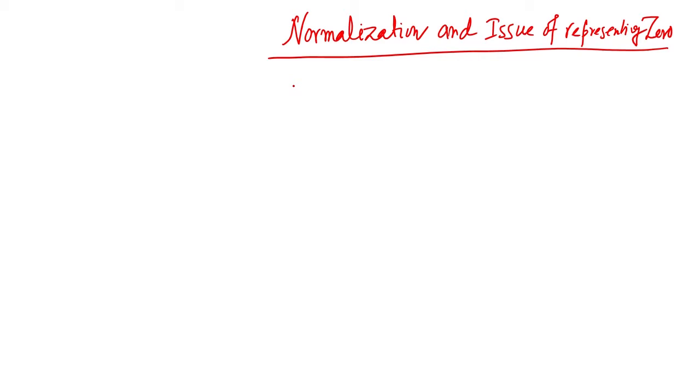Normalization is simple. I started with 1.0 into 10 to the power 18. So, we can write 0.1 into 10 to the power 19. We can write 0.01 into 10 to the power 20.